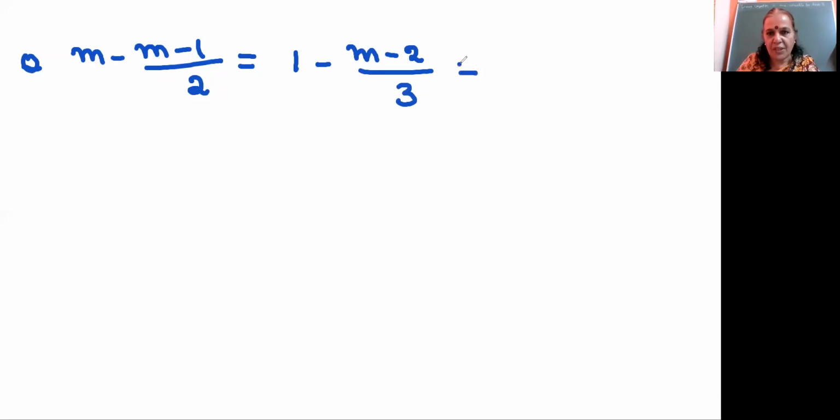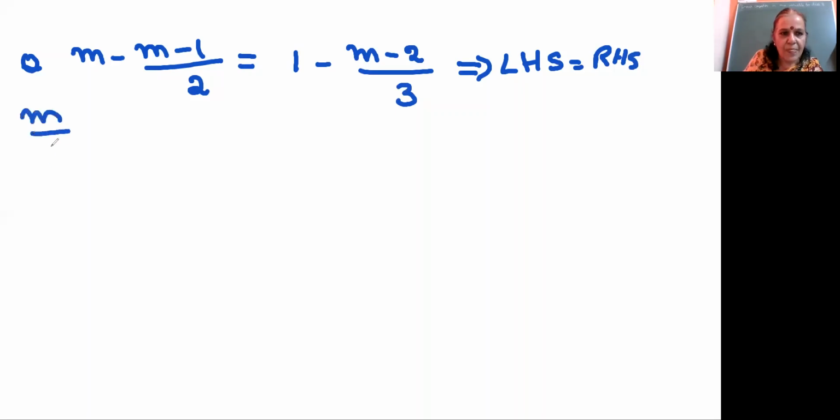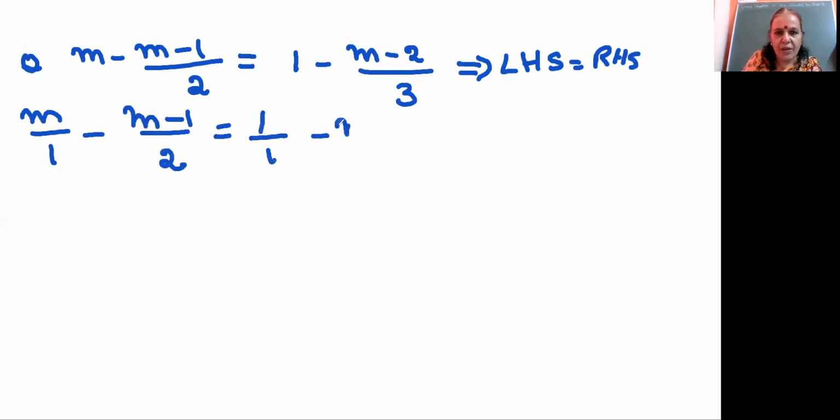The first step is to see what is there in the left hand side and what is there in the right hand side. Then m can be written as m by 1, and here it is (m minus 1) by 2 is equal to 1. 1 can be written as 1 by 1, and here (m minus 2) by 3, and send all variables to one side.